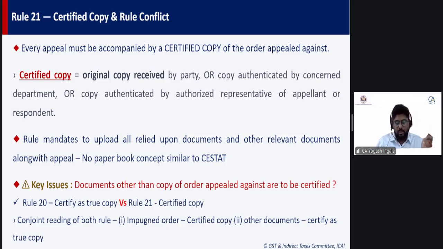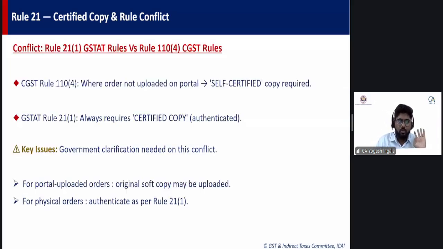Rule 20 says certify as true copy, while Rule 21 says certified copy of the order appealed against. So what to do? By a conjoint reading of both rules, the impugned order, that is the order of the appellate authority or revisional authority, must be a certified copy, and all other documents shall be certified as a true copy, in my humble opinion. So this is the Rule 20 versus Rule 21 issue.